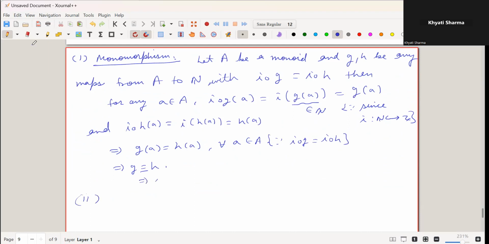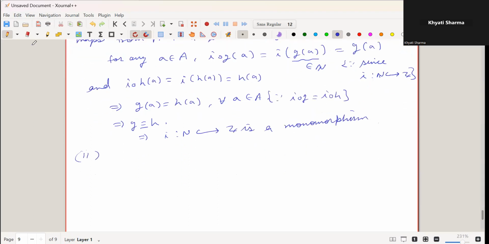Second thing, this implies I, the inclusion map from N to Z, is a monomorphism. Second, we have to see the epimorphism thing.